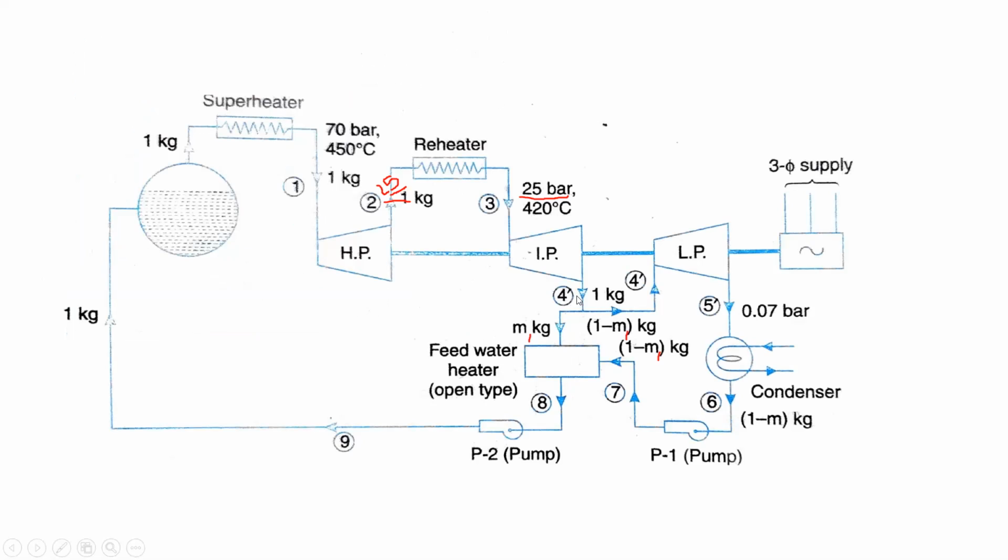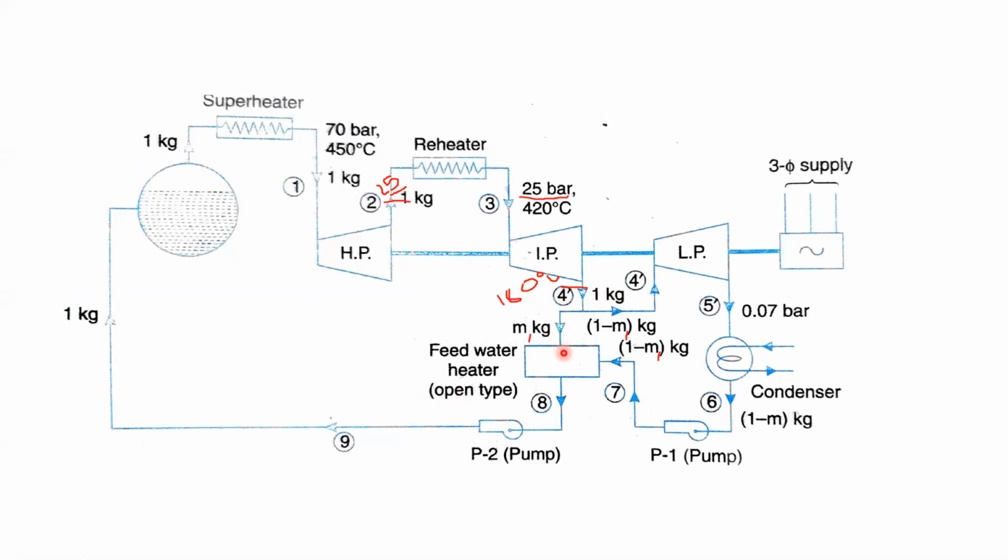At the fourth state, we have a temperature of 180 degrees centigrade. At this temperature, we are taking the steam bleed to the open heater.